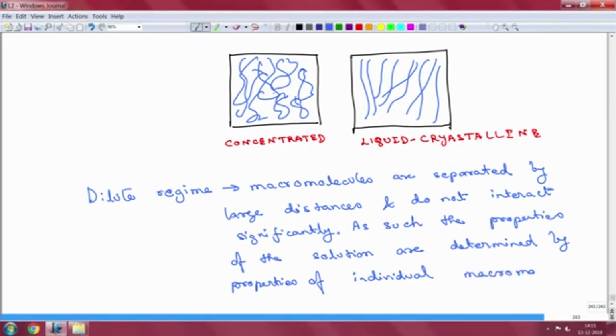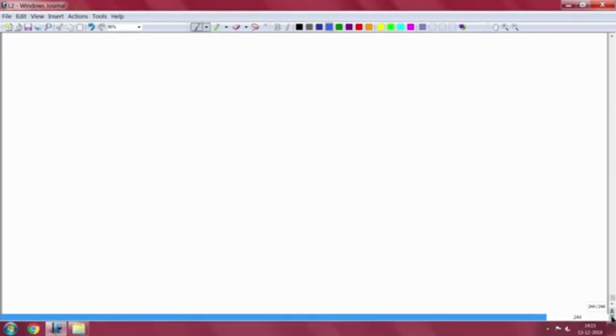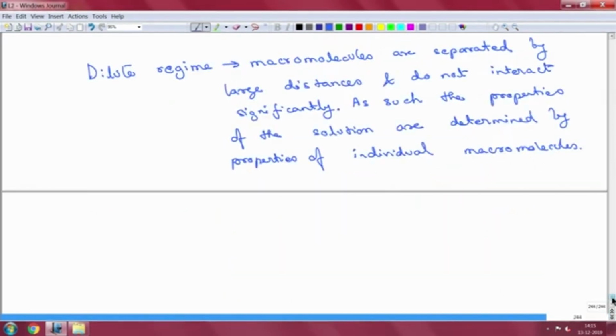Now, just because the solution is in a dilute state does not mean that the polymer does not have an effect. It can still have a very strong effect, but whatever the effect is essentially because, so let us say you subject it to an external stress and the flow starts to occur.